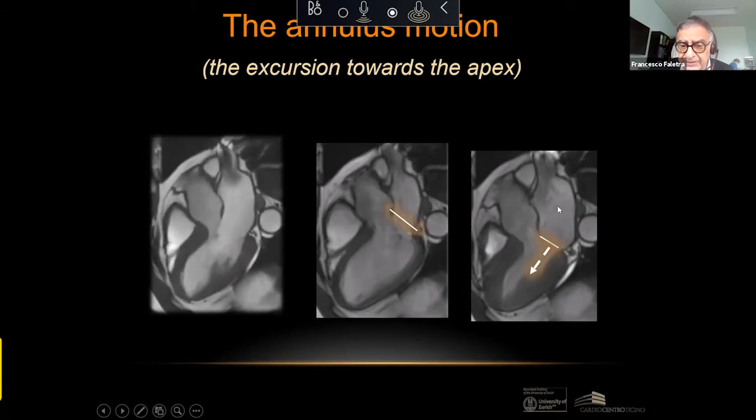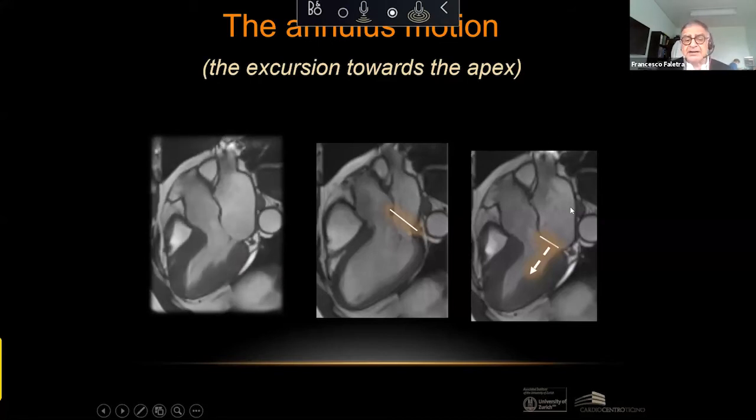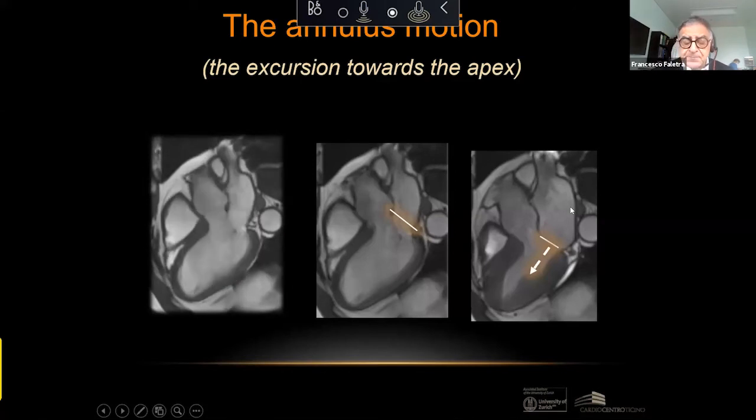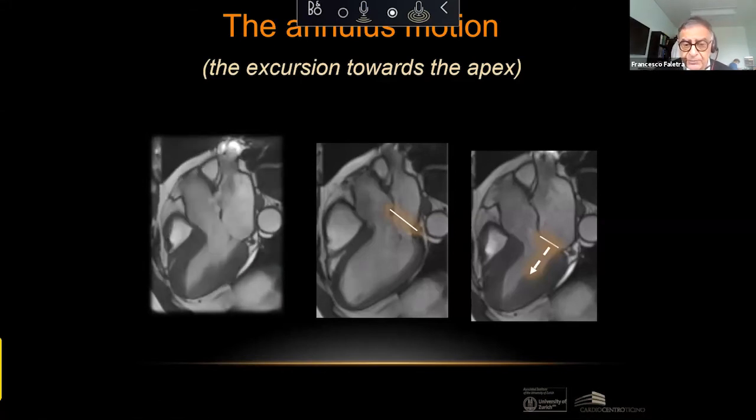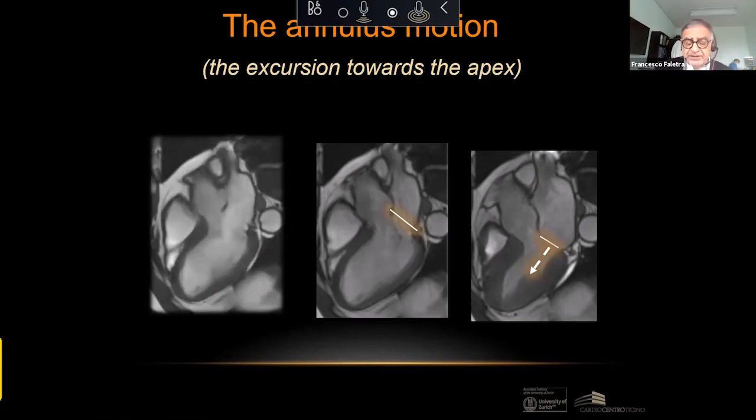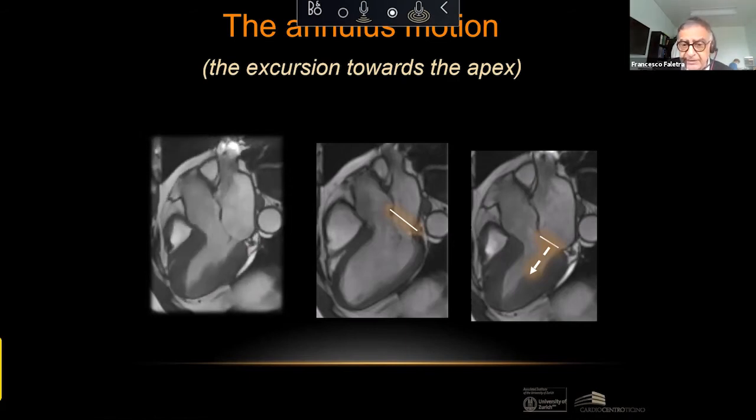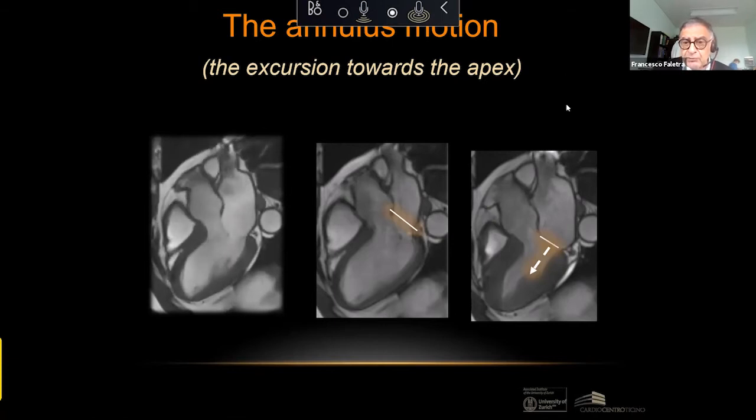The pressure in the left atrial cavity increases, and then the pressure in the pulmonary veins increases. This is one of the mechanisms of what we call diastolic dysfunction, with left ventricular function preserved, because the left ventricular function is preserved by the radial shortening, but there is no longitudinal shortening.